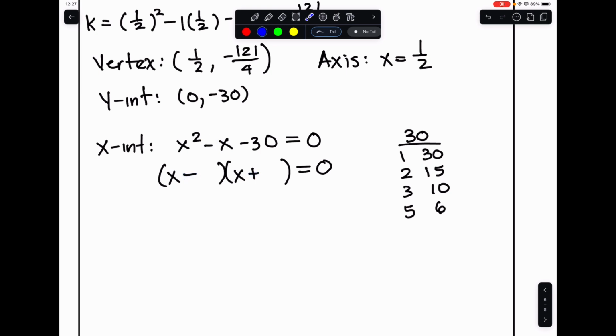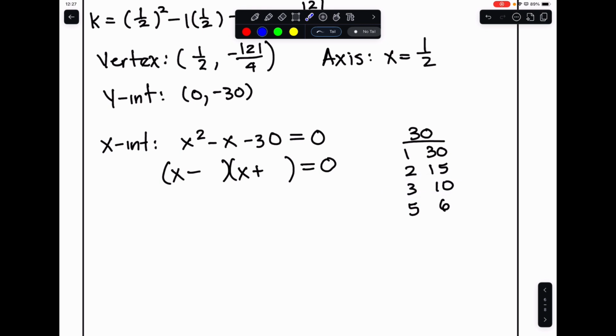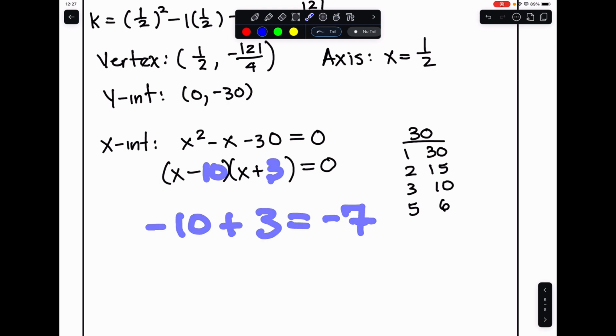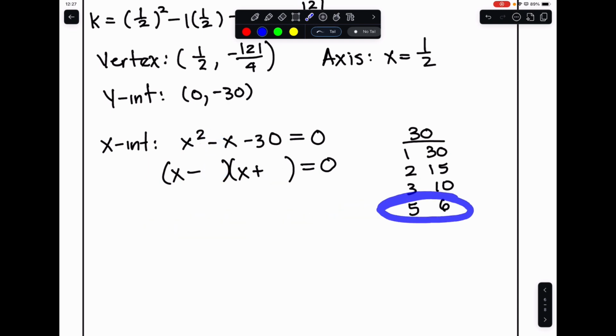So let's try, I'm just going to randomly pick this one right here, 10 and 3. Since 10 is bigger, it goes in the front, and 3 is smaller, so it goes there. So this doesn't work, because a -10 plus a +3 gives us a total of -7. And we want -1. So that can't work out.